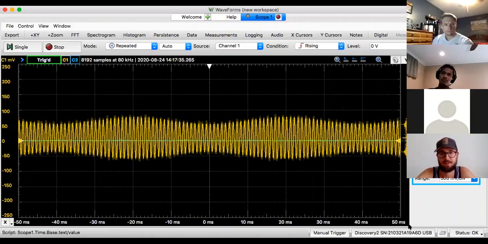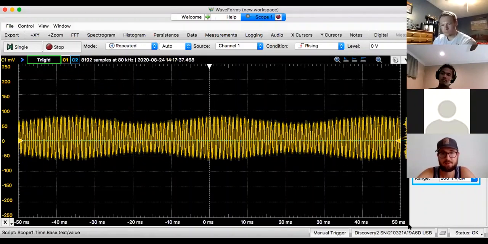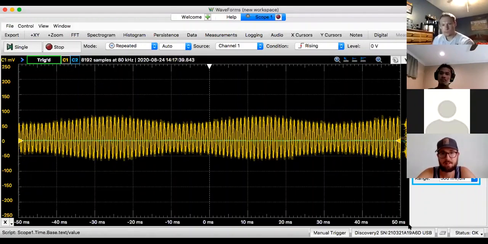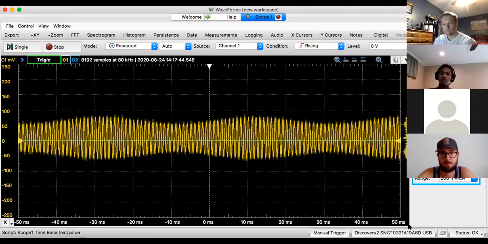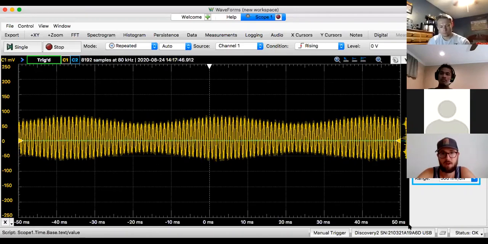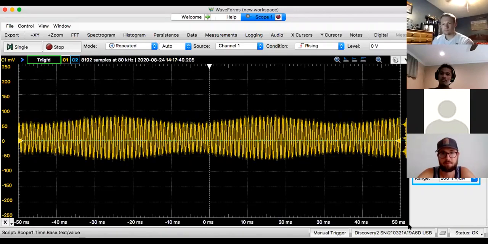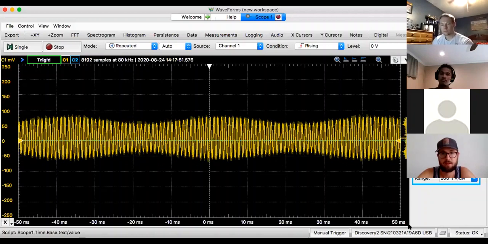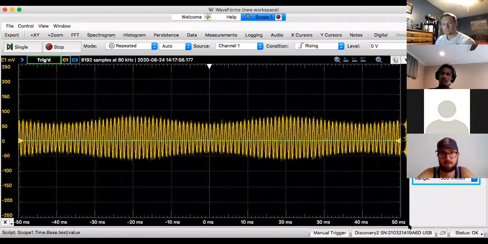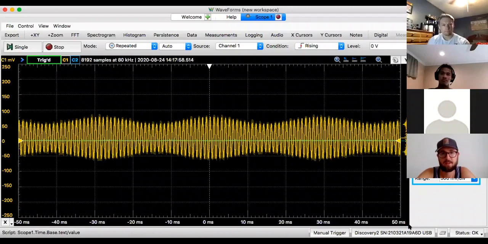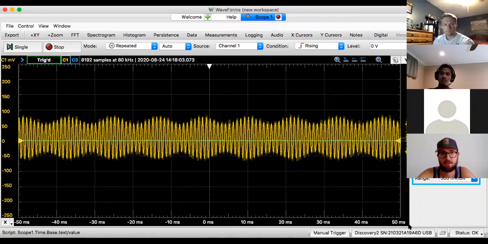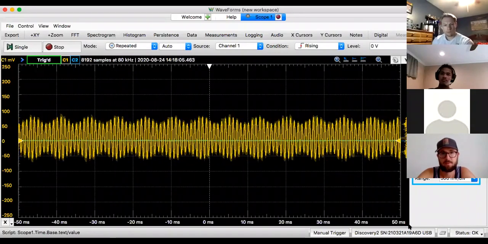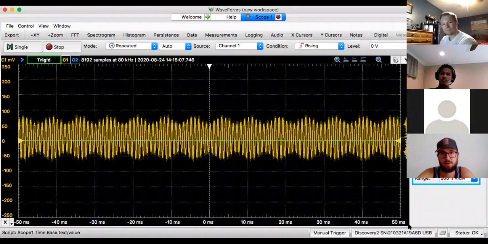AM. And we also can change the frequency. Right now it's 25 hertz. So what do we mean by 25 hertz? That means the envelope. This is called the envelope. Let's change to, for example, 50 hertz. Now it's 50 hertz, 60 hertz, 70. Now it's 130 hertz.